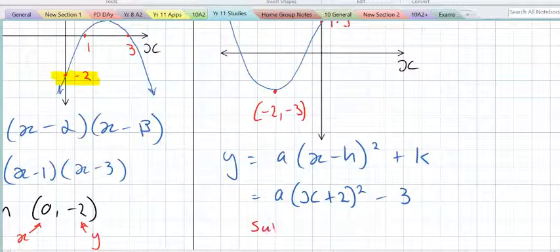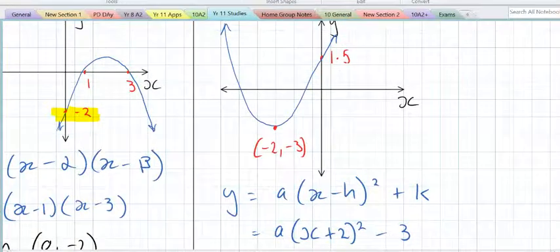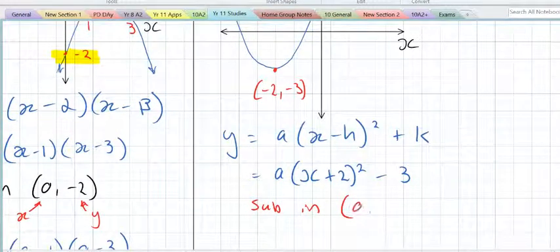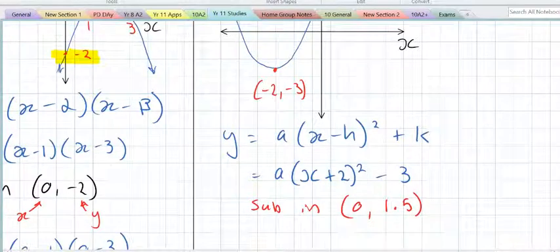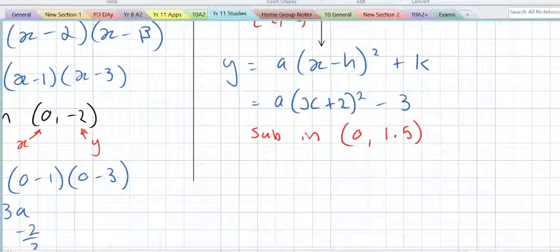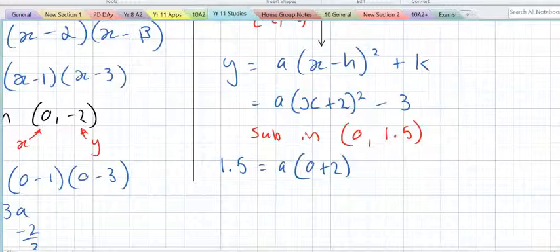Then sub in the point 0, 1.5. Leading us to 1.5 equals a lots of 0 plus 2 all squared minus 3.